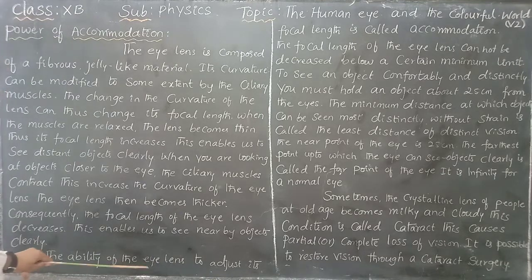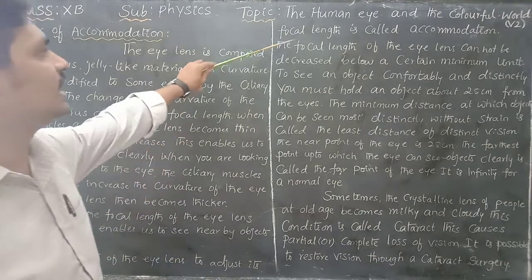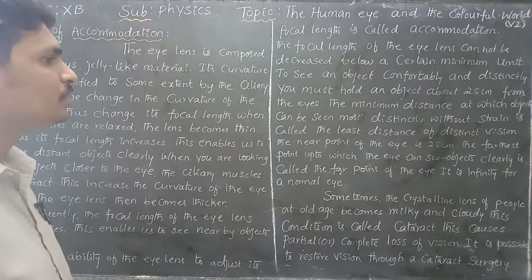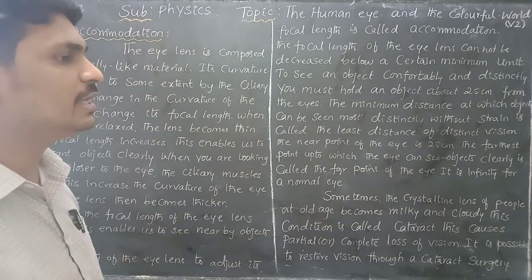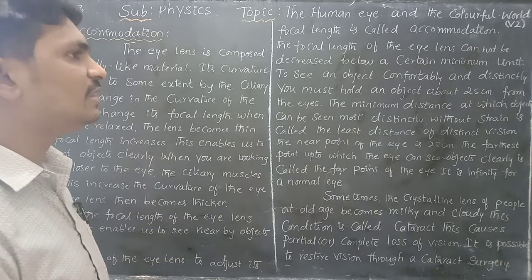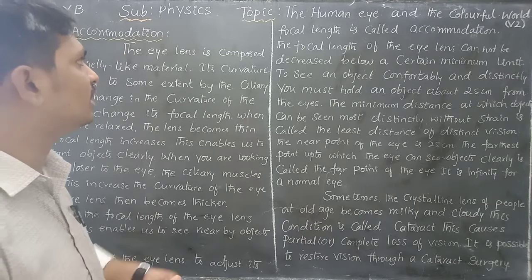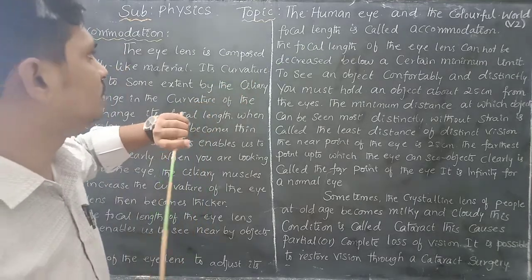The ability of the eye lens to adjust its focal length is called the power of accommodation. Power of accommodation means depending upon the position of an object, the focal length of the crystalline lens is adjusted by the ciliary muscles.